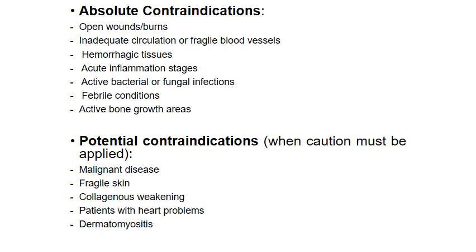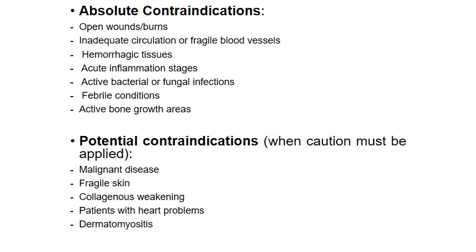Hemorrhagic tissues, bleeding tissues, that's a no-no. Acute inflammation stages. Okay, so that's now where there's clearly a swollen, red, warm, unhappy area. You're not going to massage over that. When there's acute fungal or bacterial infections present, you don't want to work with your hands by spreading that.